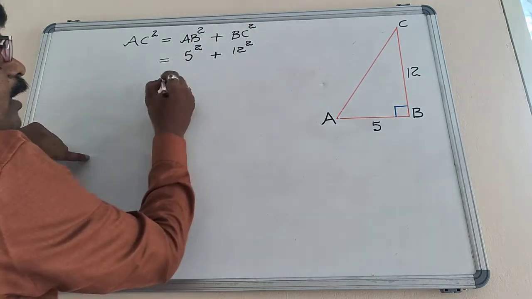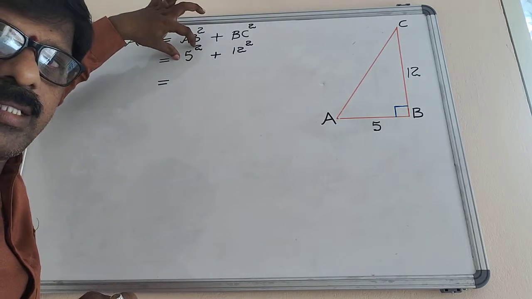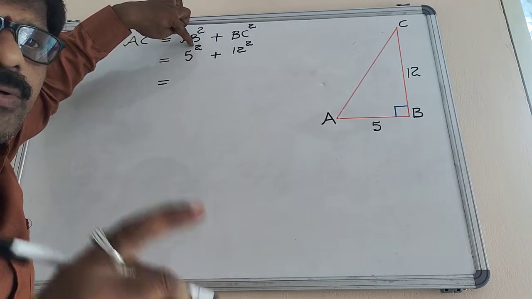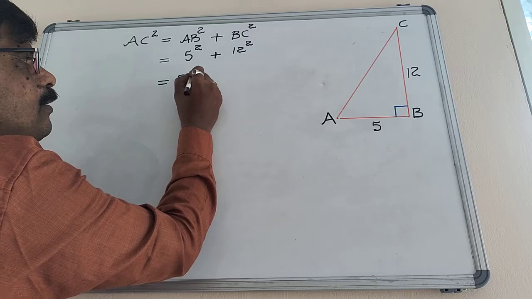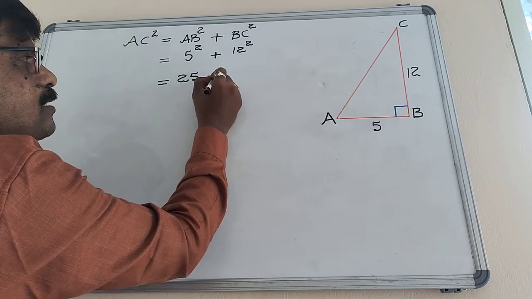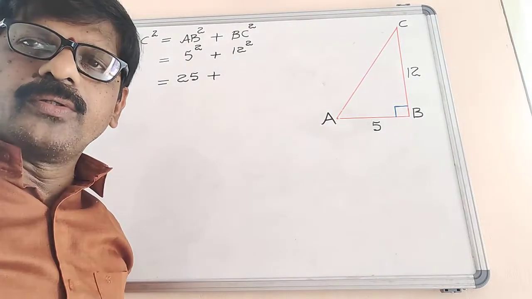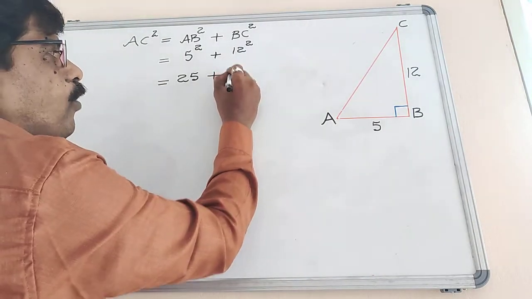12 square. Now the value of 5 square is 5 into 5, which is 25. The sign is plus. 12 square means 12 into 12, 12 12s are 144.